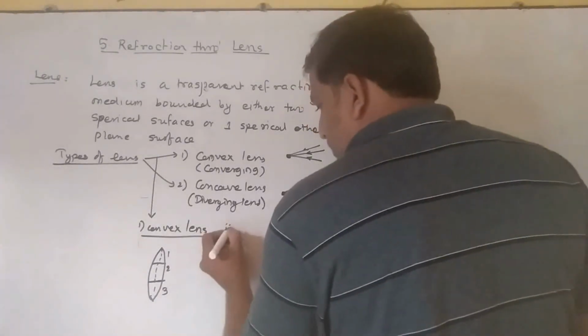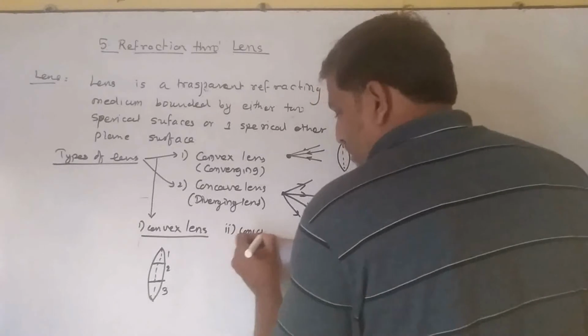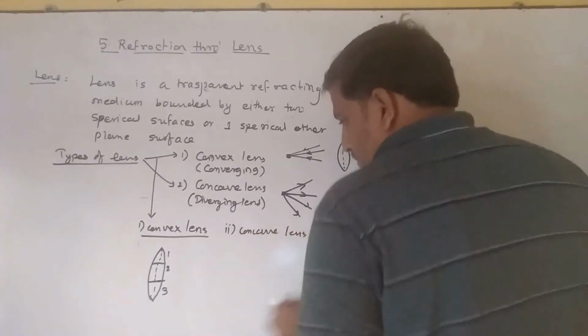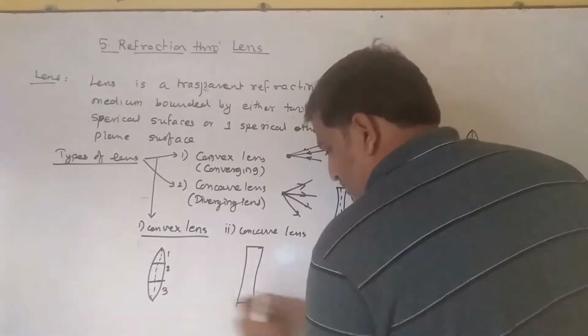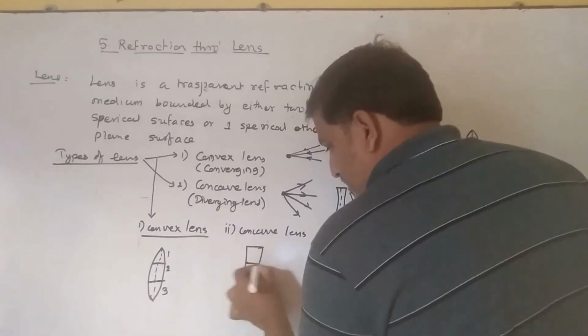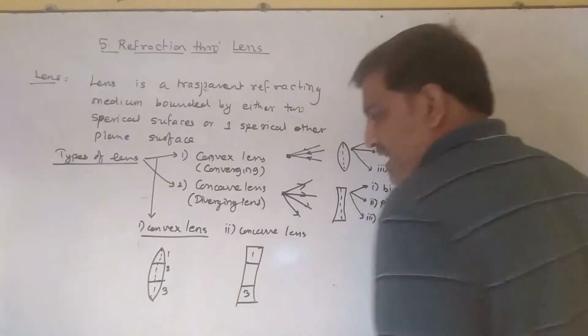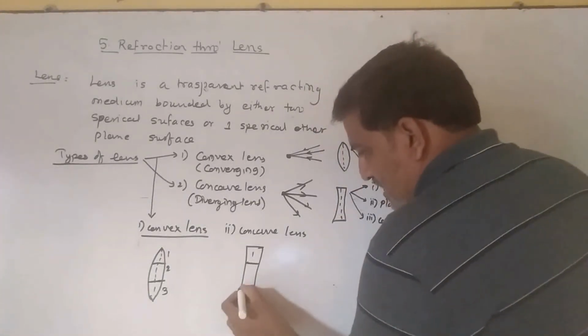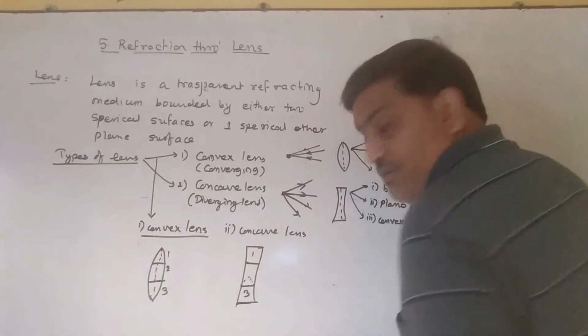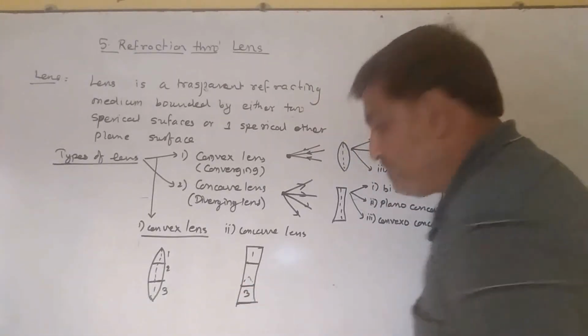Same over here in the concave lens. When the concave lens is divided into three sections, we find that the first and third act as a prism. This is a base and this is the top of the prism.